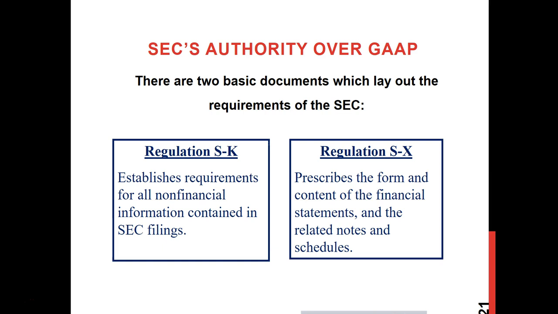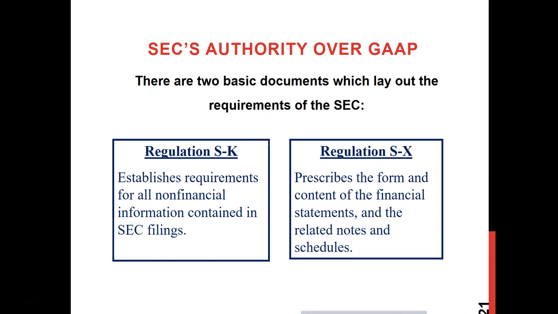Here we will talk about the disclosure documents, and the 2 most important basic disclosure documents are known as Regulation S-K and Regulation S-X. Regulation S-K established requirements for all non-financial information contained in filings with the SEC. On the other hand, Regulation S-X prescribes the form and content of the financial statements.